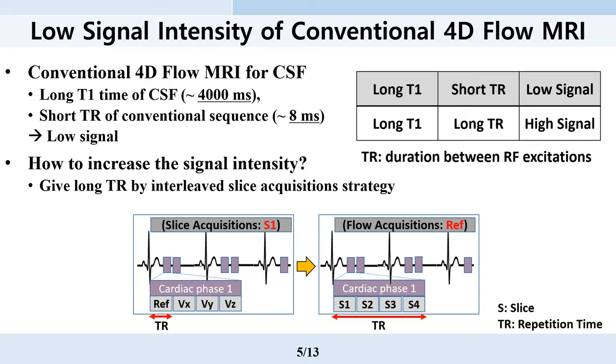So, how do we increase the signal intensity? One simple idea is that we can give more repetition time to each slice by adjusting the RF excitation order, as shown below. For example, if we set the slice encoding to be interleaved in the 2D flow MRI sequence, we can give more repetition time to each slice.